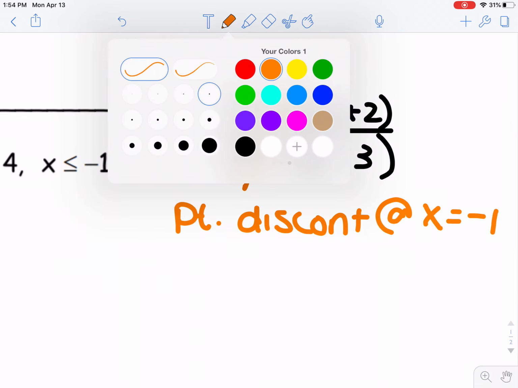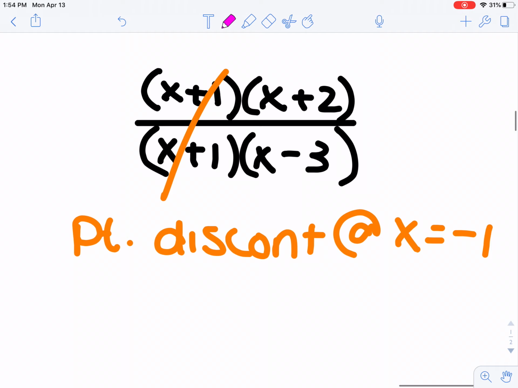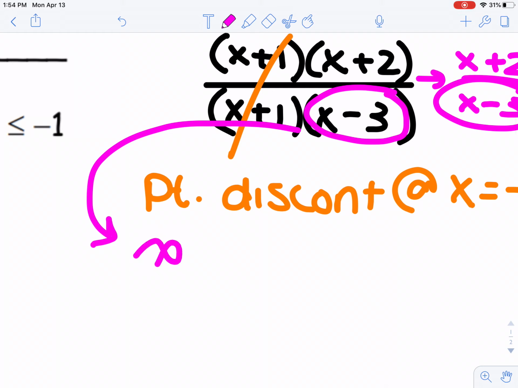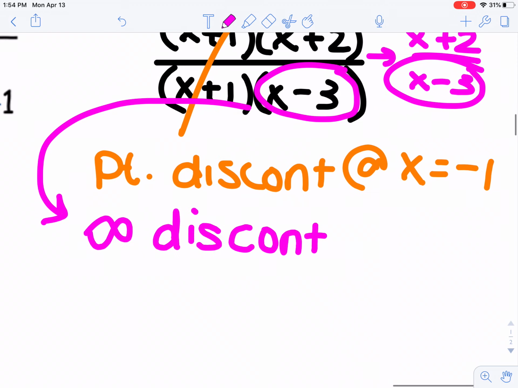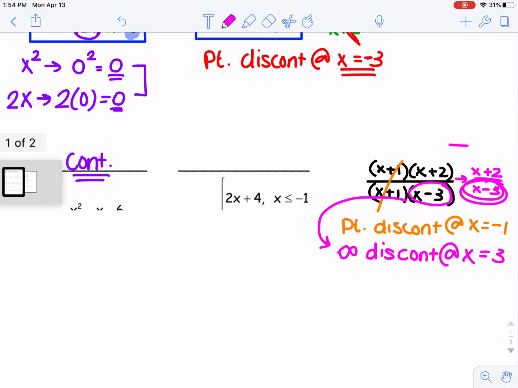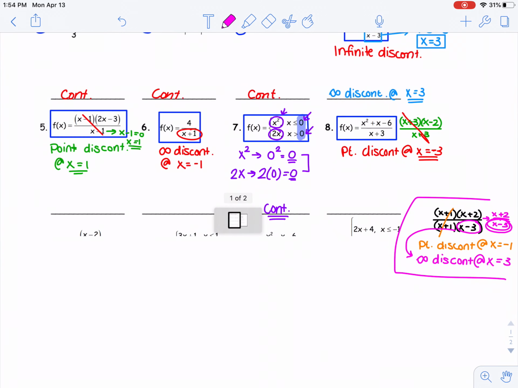But then take a look at how I am left over with this equation. Since there's something still in the bottom, that indicates a second discontinuity. And since it's in the bottom, it's an infinite discontinuity. So this is a situation where there might be two discontinuities, and that's going to happen at x equals +3. Again, set that bottom equal to 0 and solve. So there's a situation, I just kind of made that example up, where there's two discontinuities.